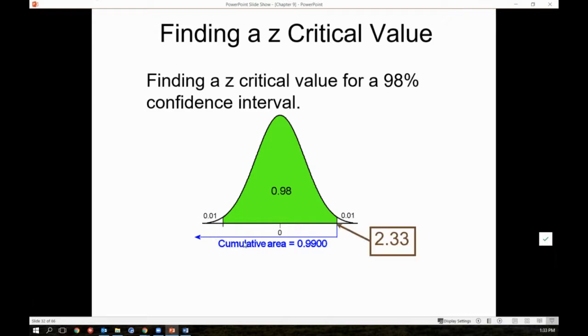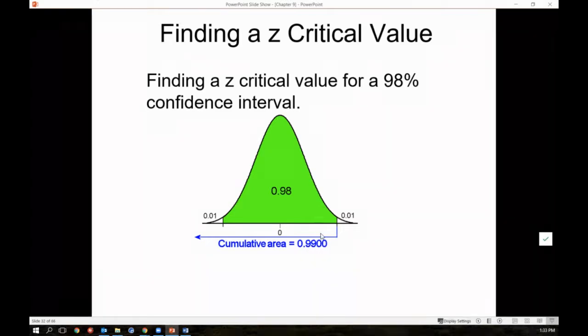So what I could do is look for the top 99%, and that gets me my Z critical value. So you'd look for 0.9900 in your table, and what would you get for that? 2.33. Yeah.